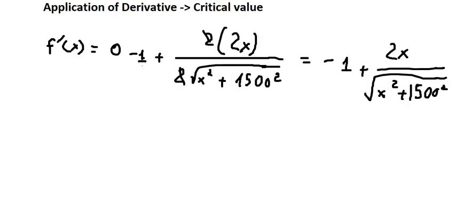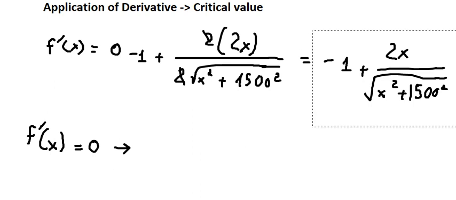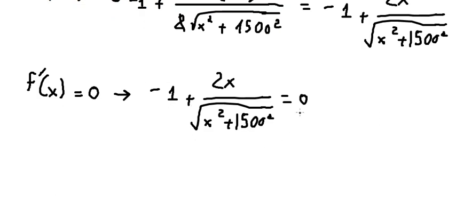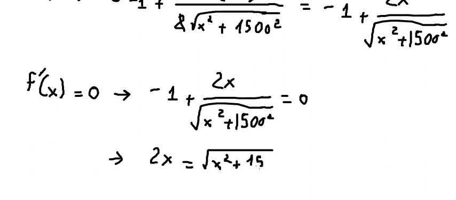Now we set this equal to 0 so we can find the critical values. I will move negative 1 to the right, and then the square root to the right. So we have 2s equals the square root of s square plus 1500 square.